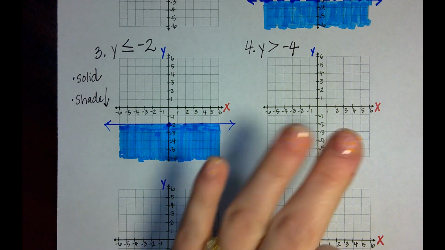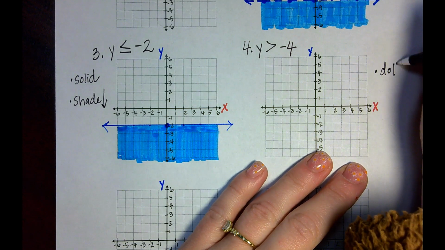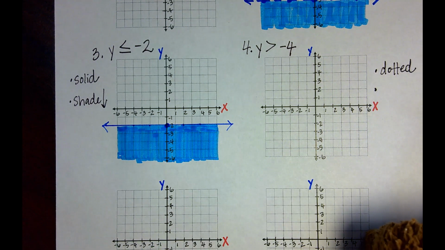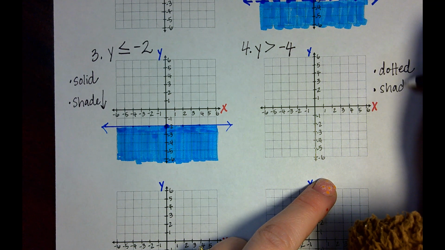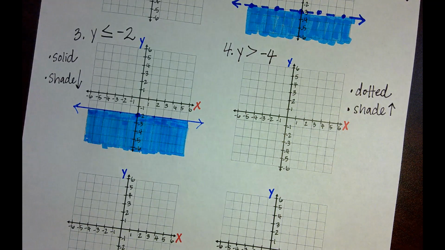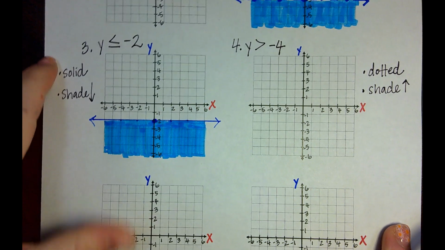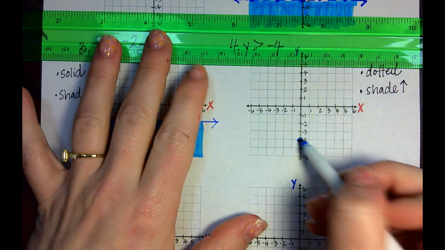We can have a solid line or a dotted line? Dotted. Very nice. And will we be shading up or down? Shading up. Good. We have y is greater than -4, so we shade up. And where does our line cross through? -4. So I know it's going to go through -4.